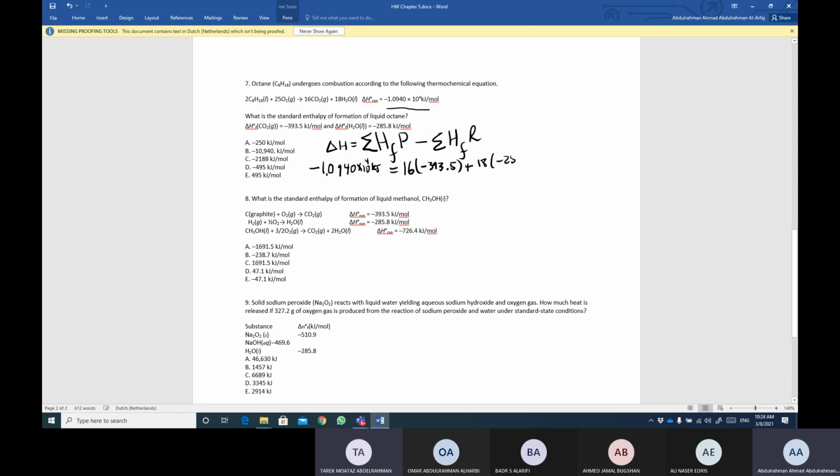Is it plus or minus? And then what? 25 multiplied by 0 will be 0, so I'm not going to worry about this because it is equal to 0 already. So what's the only thing I don't know? The formation of C8H18.